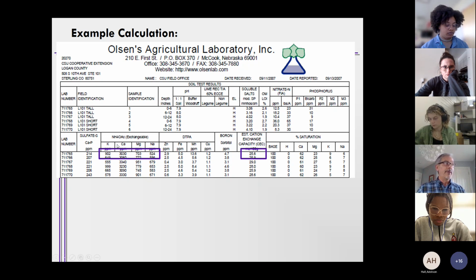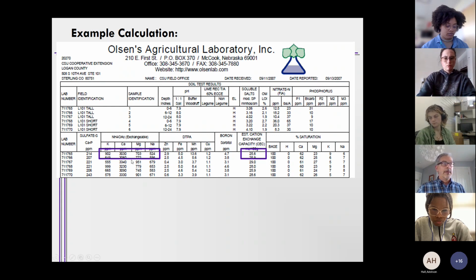They kicked potassium, calcium, magnesium, and sodium off of cation exchange sites, and then they measured those different cations. You can see the numbers here, 902, 3030, 703, and 524, and this is all in ppm. That's milligrams per kilogram. That's what parts per million means in this context. Okay?